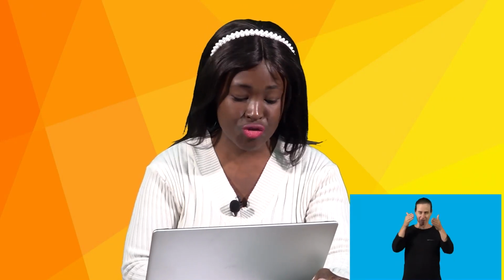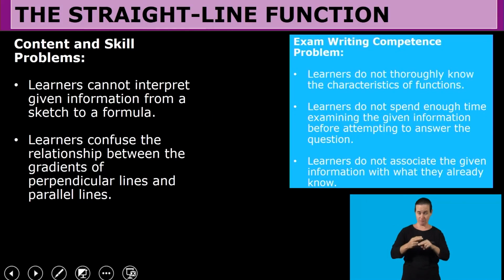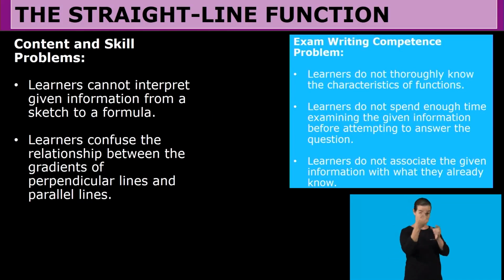We are going to firstly focus on the straight line function. Now, the content and skills problems are that learners cannot interpret given information from a sketch to a formula. And of course, learners confuse the relationship between the gradients of perpendicular lines and parallel lines.